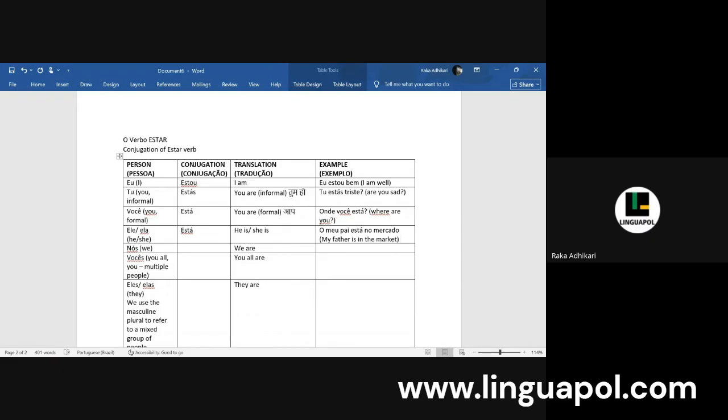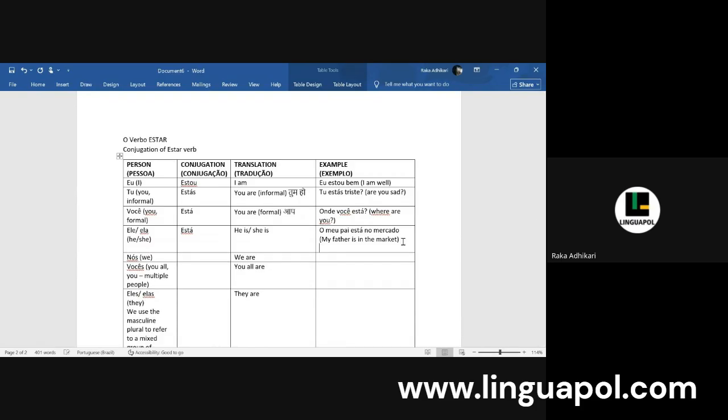So in this case, it is not necessary that we use the word ele or ela. Whatever third person comes up, o meu pai, my father, he's a third person. He's another person that we are talking about. He's not present in the conversation. So that's why he's a third person. For him also, we will use the está.